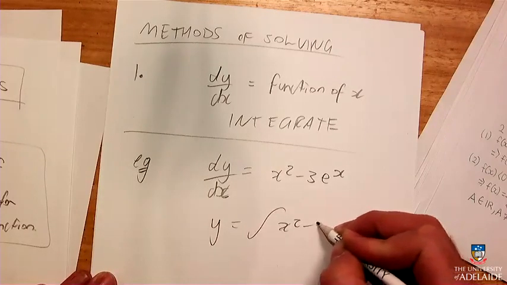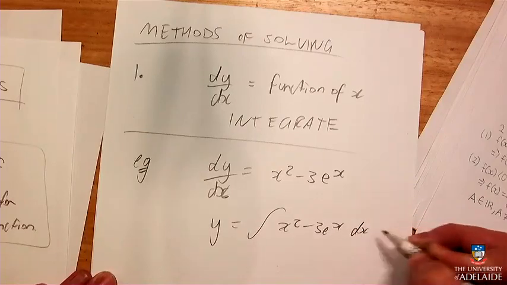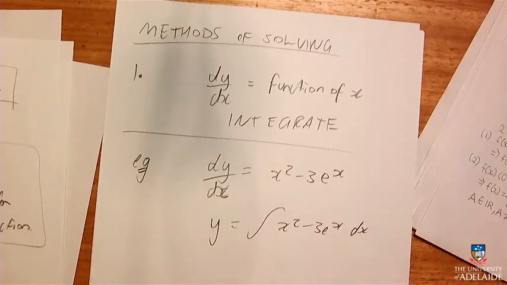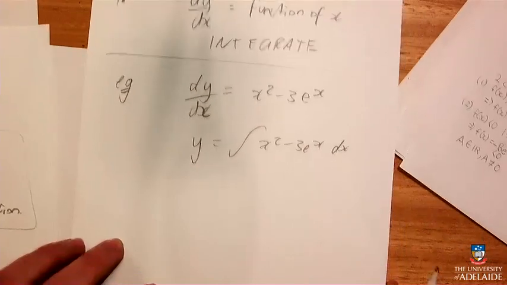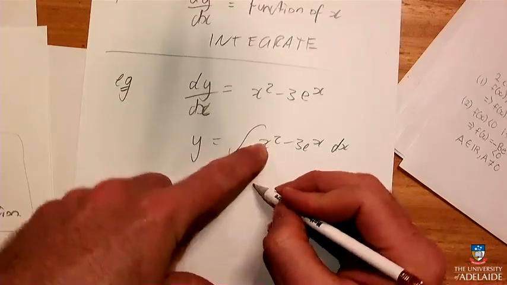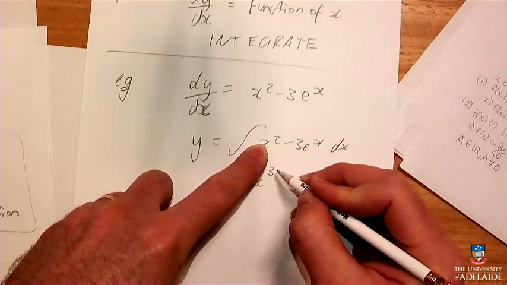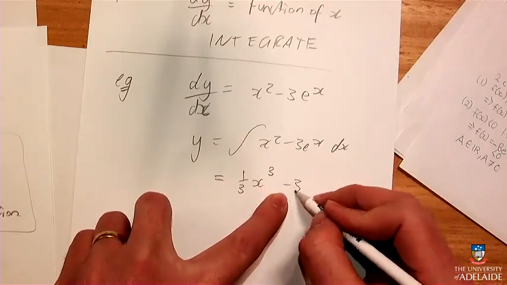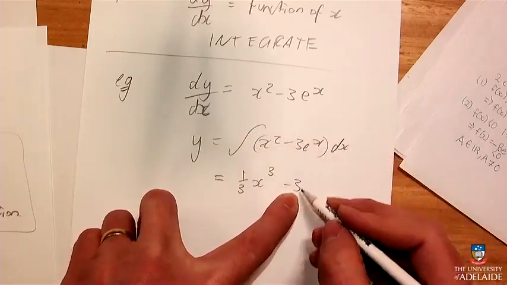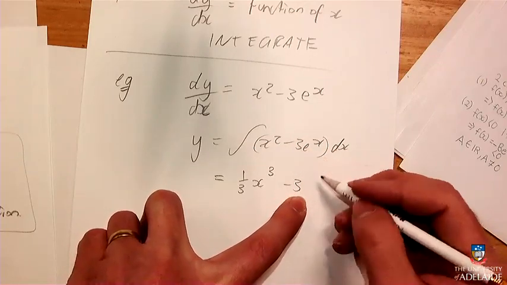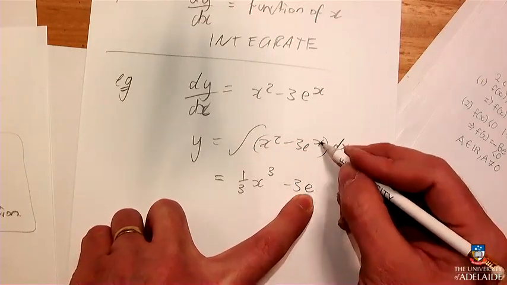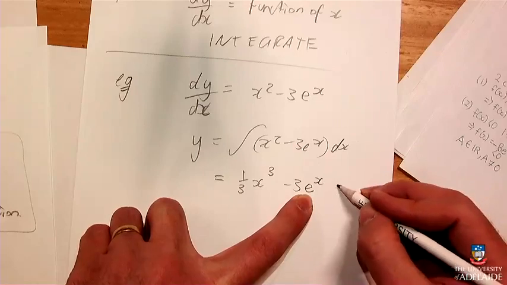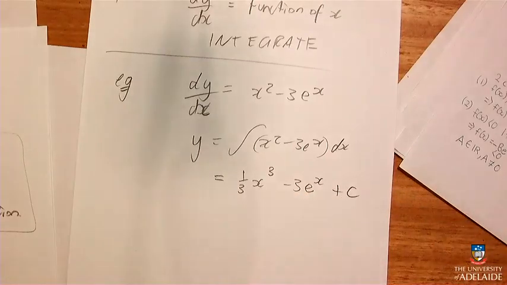So I'll just integrate it. The 2 will go up to 3 and I'll divide by the new power. And then this 3 will still be there because it's multiplied on. And then e to the x integrates to still be e to the x, and then there'll be a plus c on the end. And that's it.